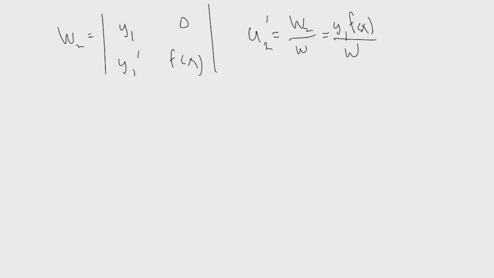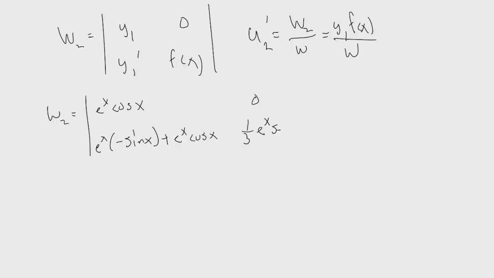All right. W2 would be, let's see, e to the x cosine x, and then its derivative, so that would be e to the x times negative sine x plus e to the x cosine x. And I got a 0, and then I got 1/3 e to the x secant x. So that would be 1/3 e to the 2x cosine x secant x.